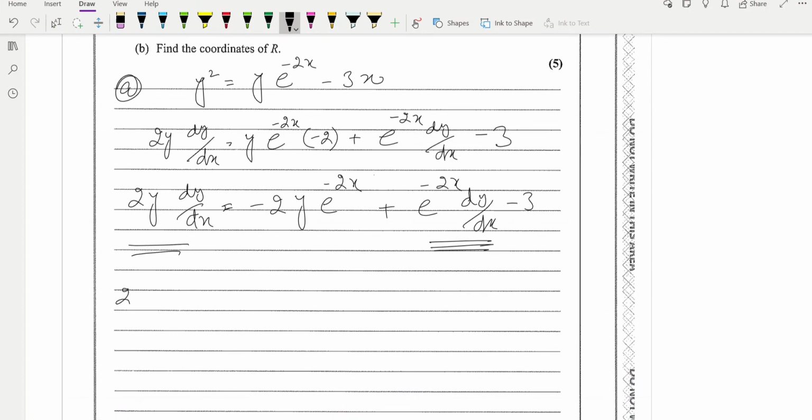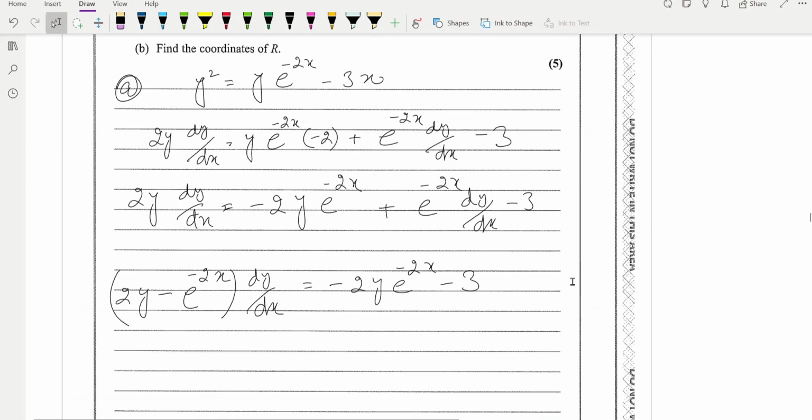So our equation will become 2y minus e raised to minus 2x, and we have taken dy over dx common, and these extra lines I will remove, and this is equal to minus 2y e raised to minus 2x minus 3.